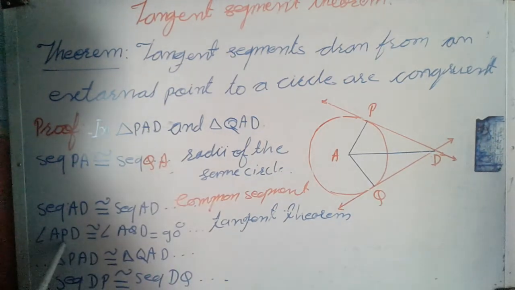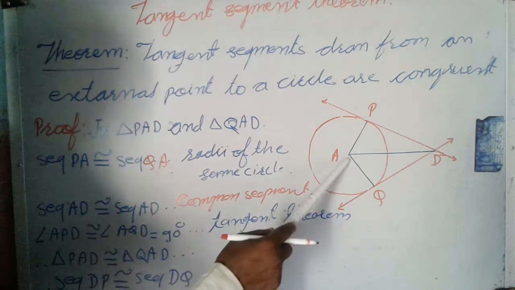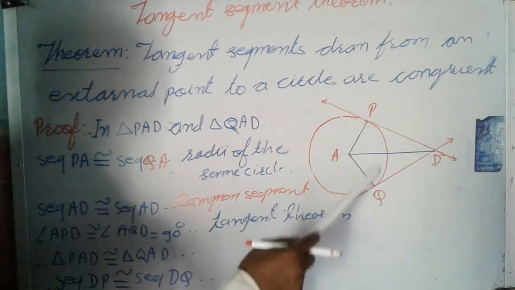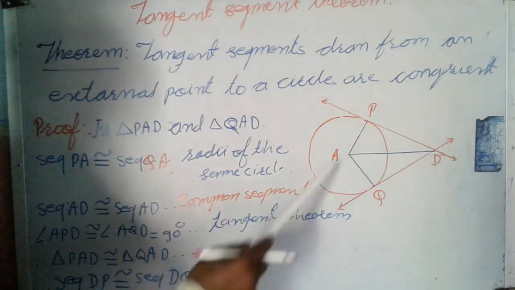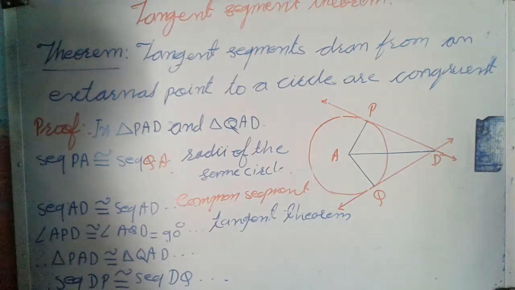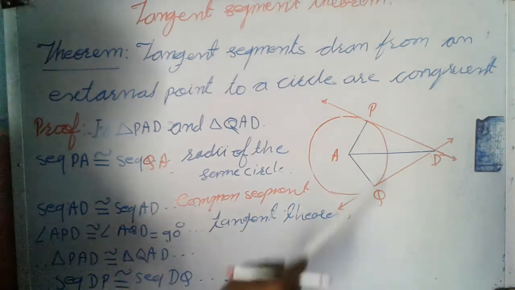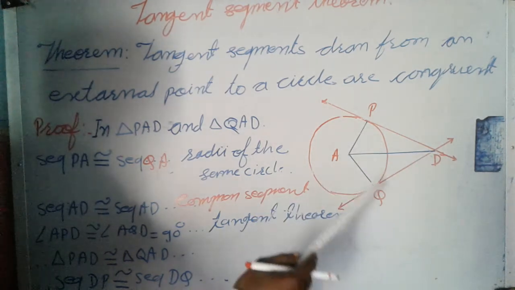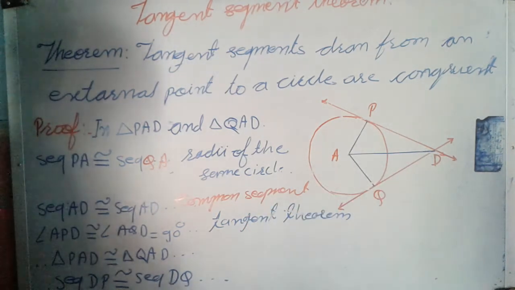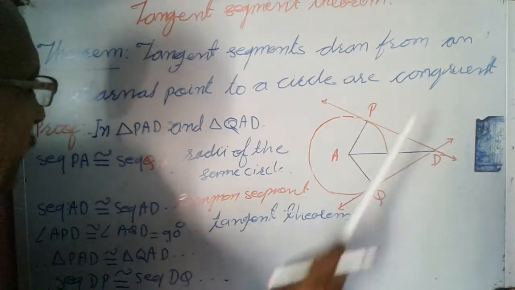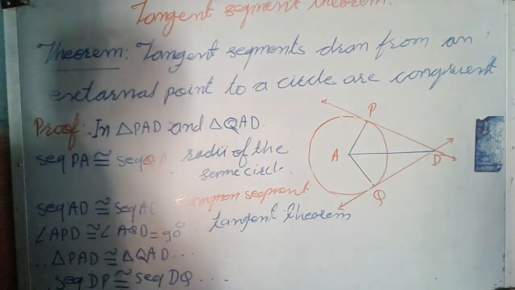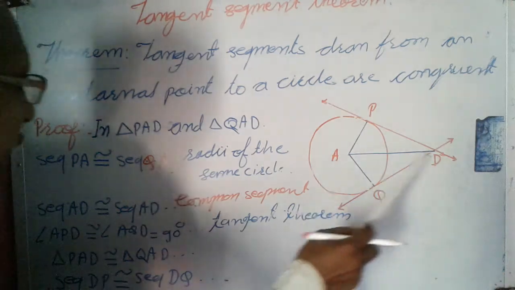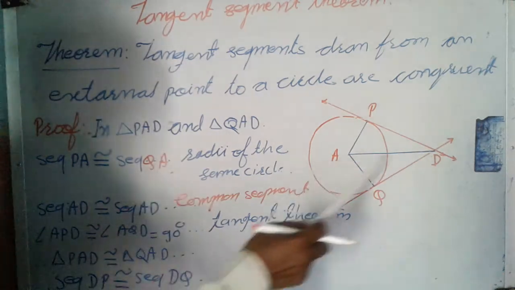Now see here, angle APD is congruent to angle AQD, each equal to 90 degrees, by the tangent theorem. That means if angles P and Q are 90 degrees, both triangles are right angle triangles, and AD is their common hypotenuse.